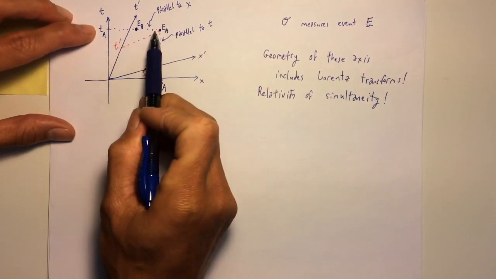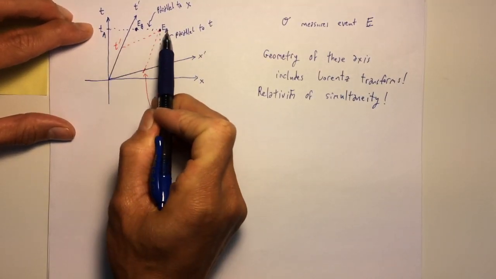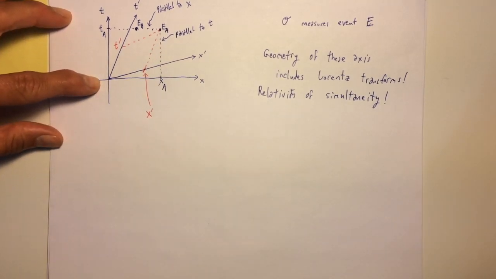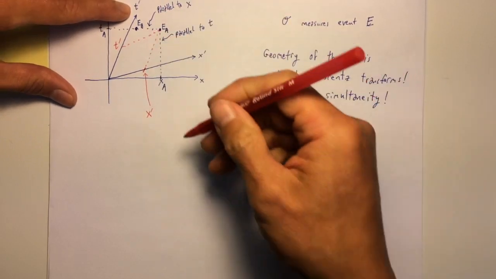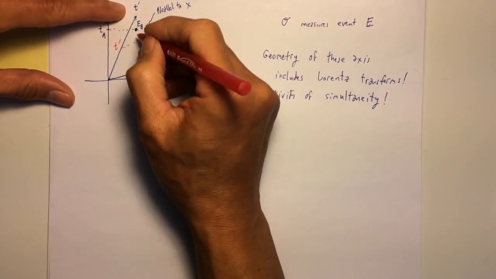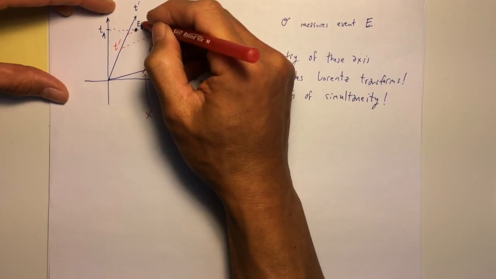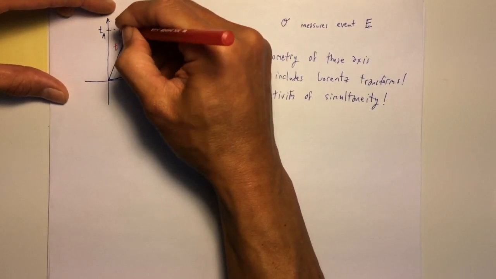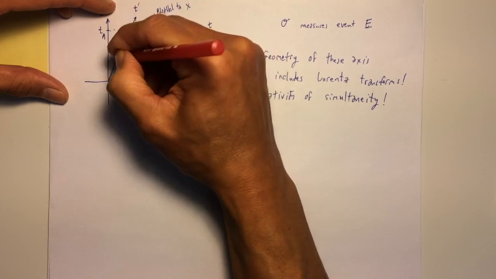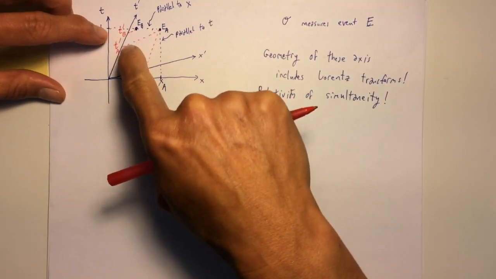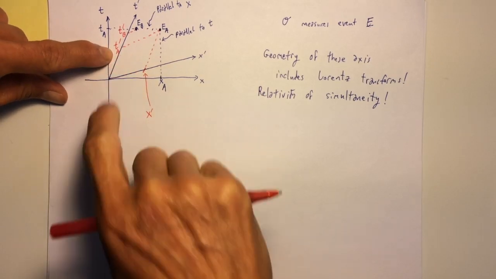Which happens at the same time as A according to O. But if you look according to O prime, can you see that event B happens at a later time than event A?